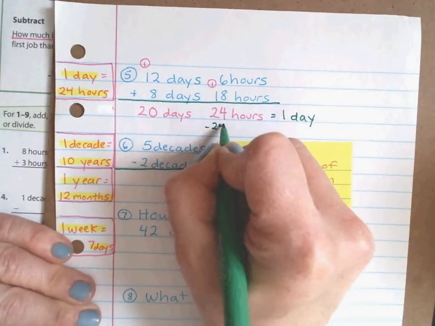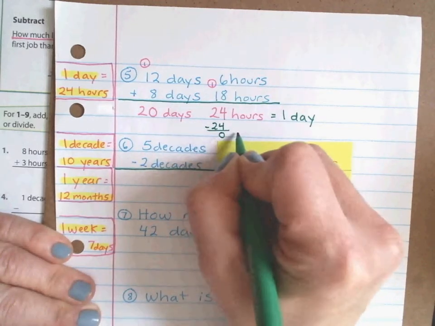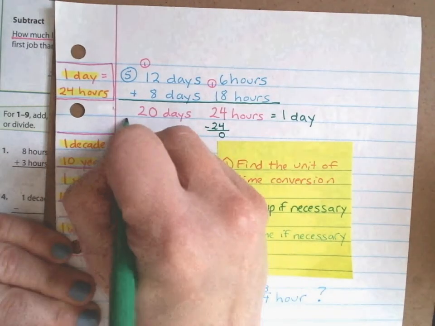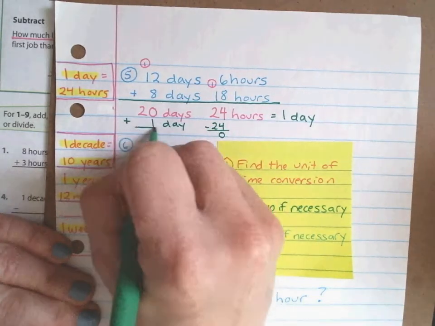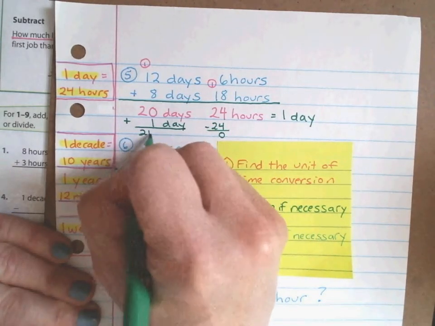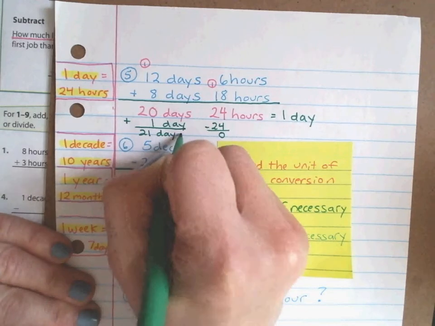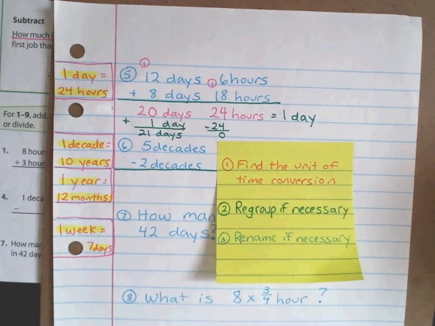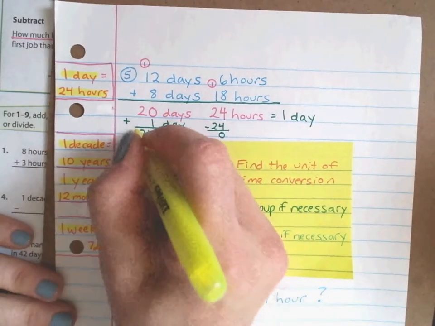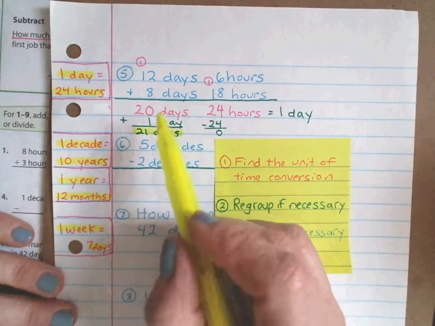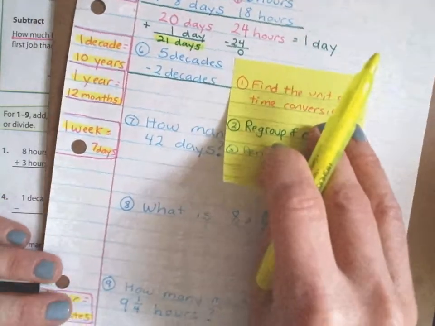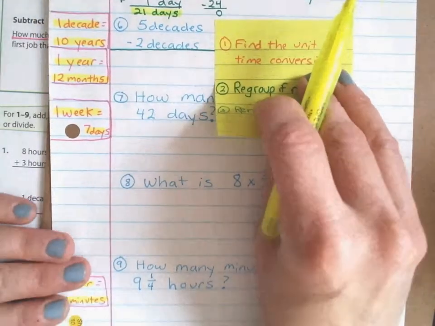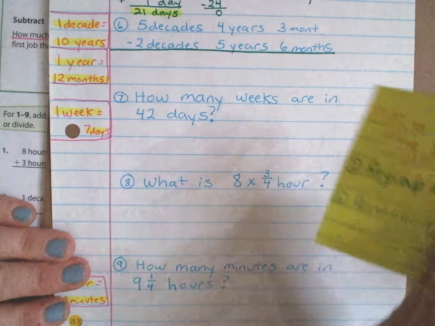So if I take away the 24 hours, I can add it back in as 1 day. So 21 days. So the answer here would be 21 days, which is really the same thing as 20 days and 24 hours.